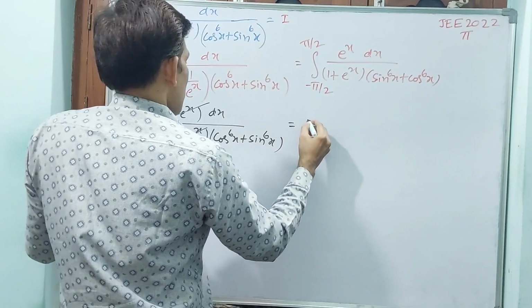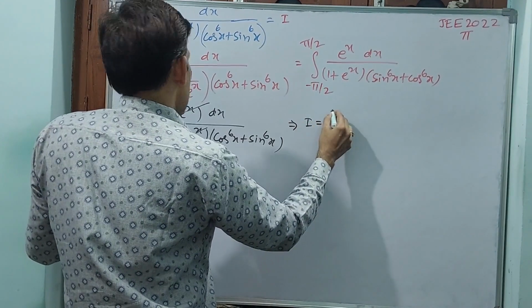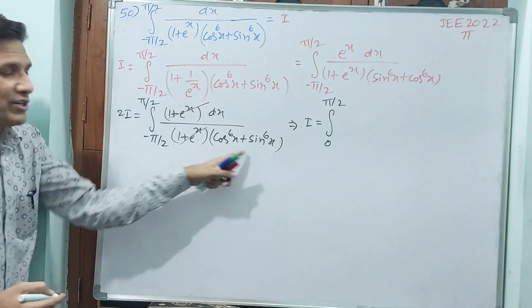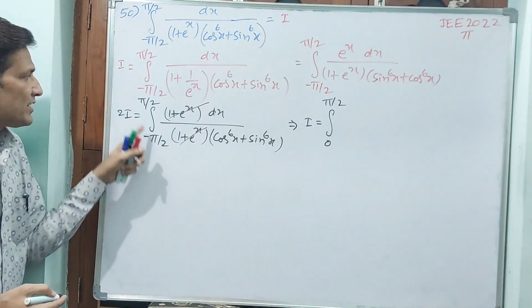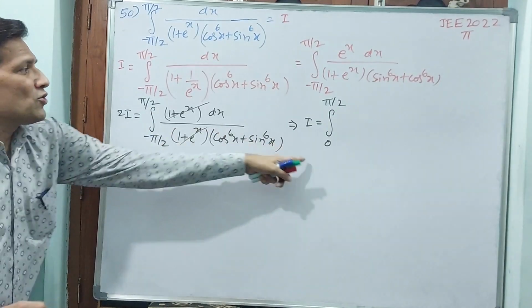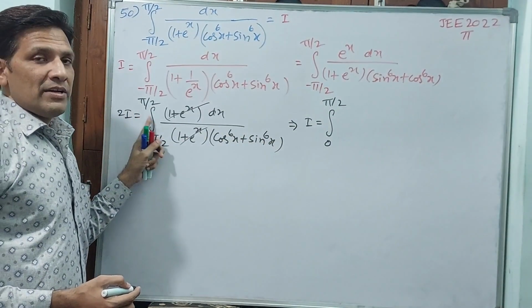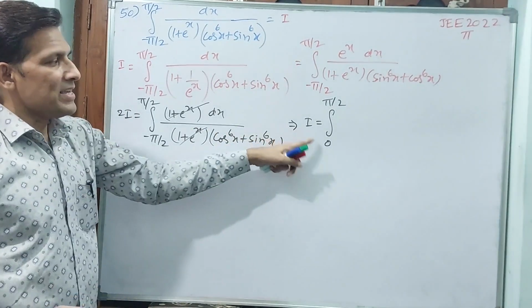Finally, your I is going to become, I am writing directly, 0 to pi by 2. Why? See, after cancellation these are even functions. Even functions mean minus a to plus a, rather than that, 0 to a I will write and I will keep 2 times. If you keep 2 times, in 2I the 2 is going to get cancelled, and I is going to become like this.